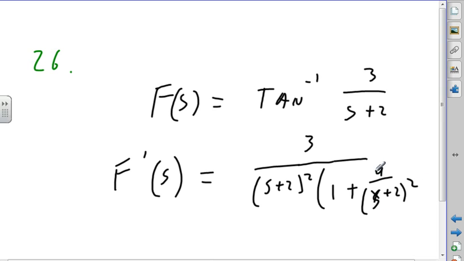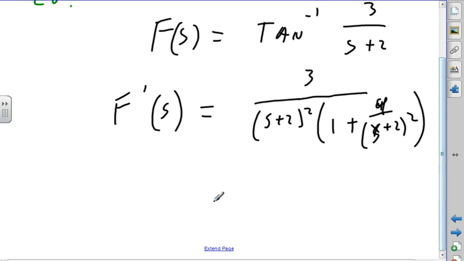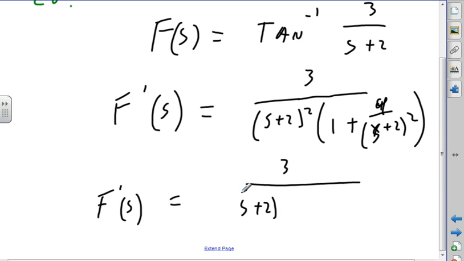Well, obviously they weren't thinking of doing an inverse Laplace transform on this, right? So I've got 3 over s plus 2 squared plus 9.